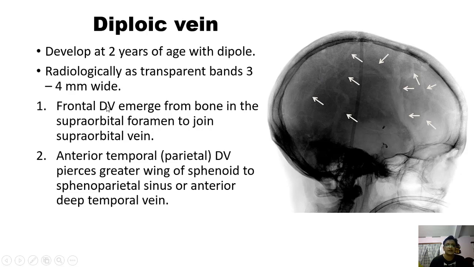So in frontal, diploic vein emerge from the bone of this supraorbital foramen to join supraorbital vein. And anterior temporal, this lateral region, anterior temporal region, diploic vein pierces greater wing of sphenoid to sphenoparietal sinus or anterior deep temporal vein.